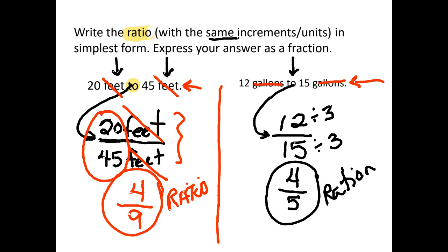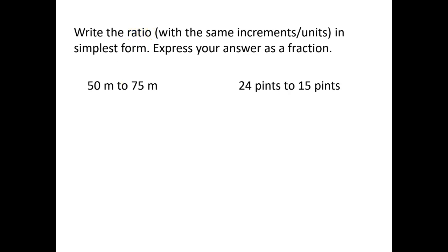Well, let's go to the next one. Okay, now this one, again, is saying ratio. Right away, notice this is meters and meters, which means I can cancel them out. This is a ratio. Here's my TO word.